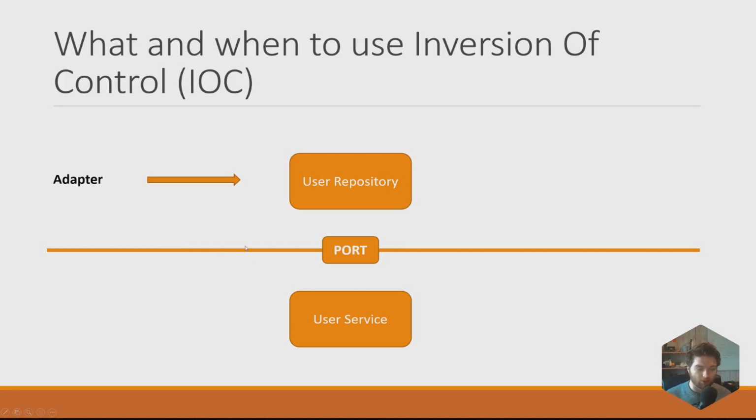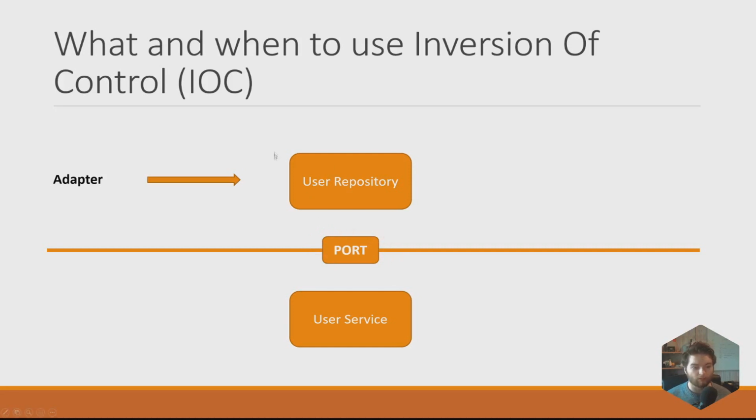A port is a TypeScript interface, and this interface could have all the methods and properties. So we create an IUserRepository interface, and this interface needs to have one method, and this method is going to be named createUser. So this port has an interface which expects a method of createUser.